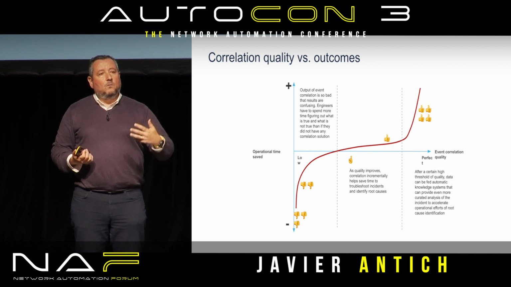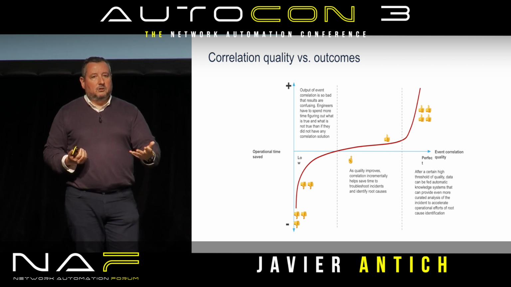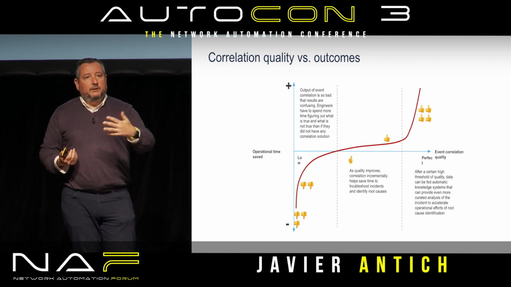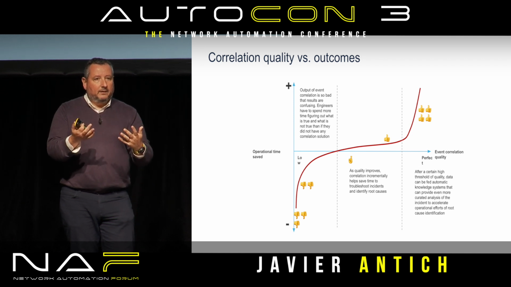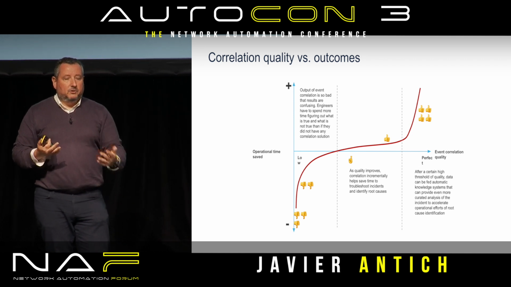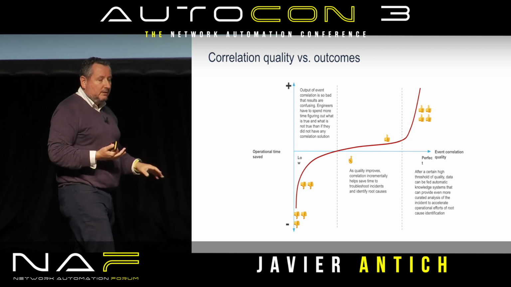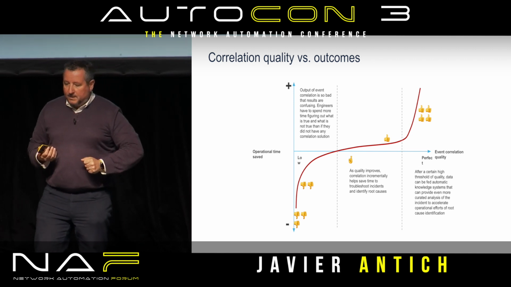It will make your team waste time, right? So the saving is negative, because your team will first need to figure out what is real, what is not, what events are really together, and then once it has figured that out, go and actually troubleshoot the problem. So it would be even better to have no correlation system whatsoever, because the results are actually misleading.